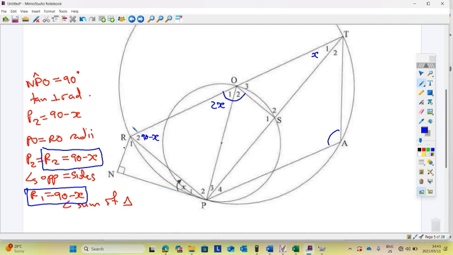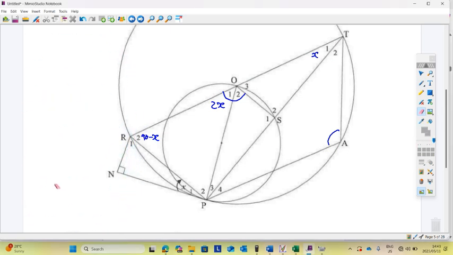And then we have a cyclic quadrilateral, and opposite angles of a cyclic quadrilateral, they are supplementary. So we can determine the size of this angle here because it's opposite to this one. So this one is going to be, let me just call it A. Your A is 180 minus, in bracket, 90 minus x there.